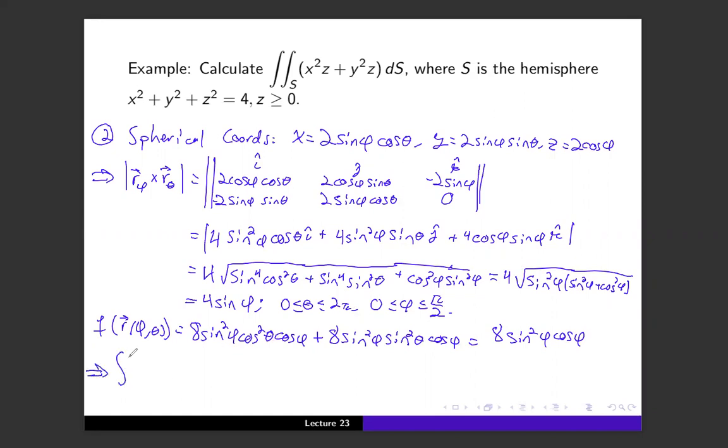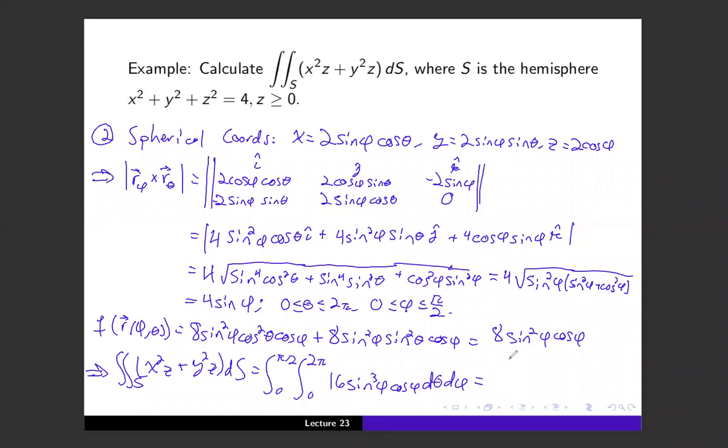And now with that in mind, we can say the double integral over S of x squared z plus y squared z dS is going to be the integral from 0 to pi over 2, integral from 0 to 2 pi of 16 sine cubed phi cosine phi, because you're multiplying f of r of phi theta by the magnitude of r phi cross r theta, d theta d phi.